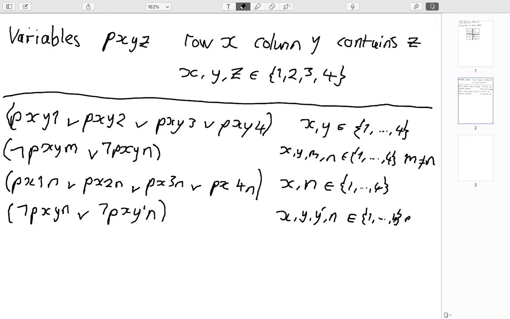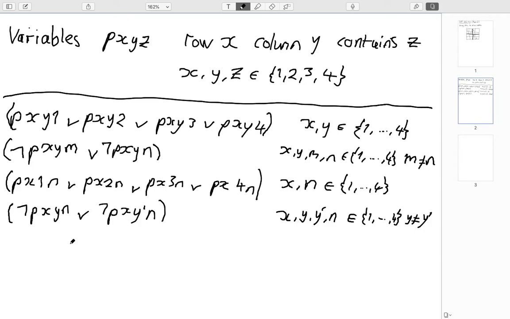No, sorry, this should be y and y prime, the columns are different. So I should say, as I've written this clause and this clause, there's actually a bit of redundancy.